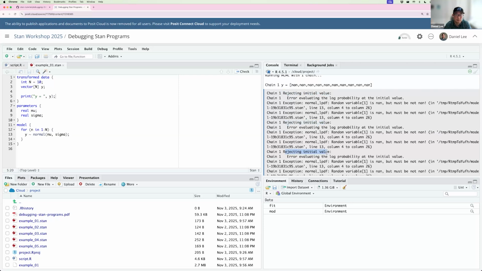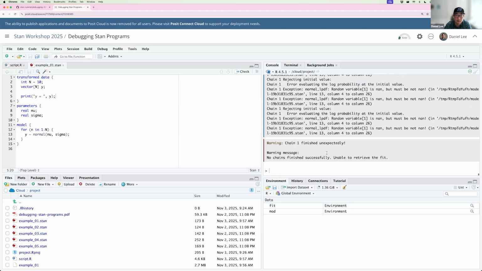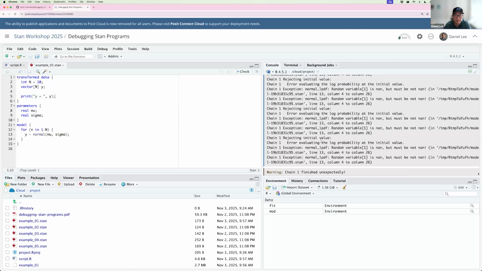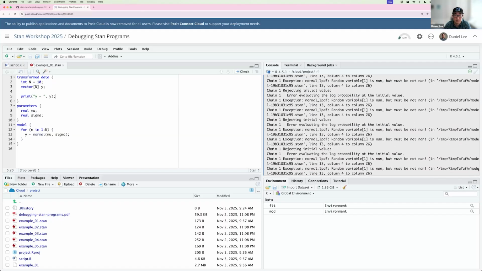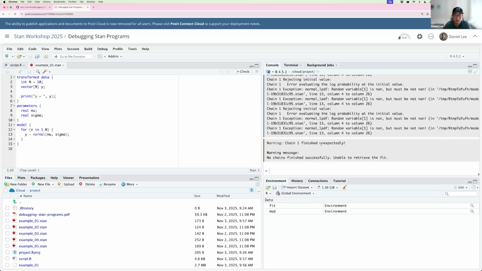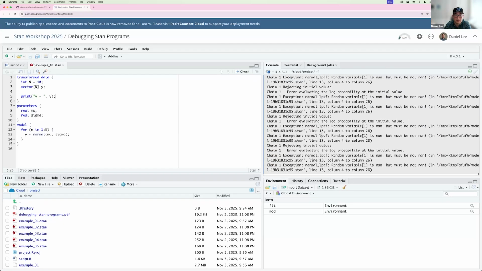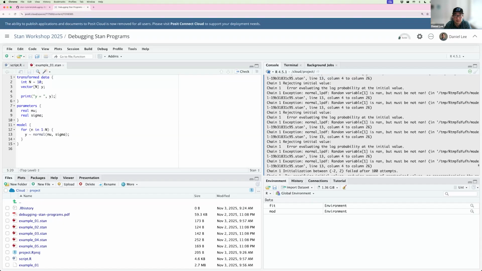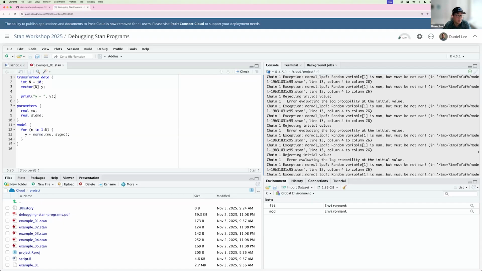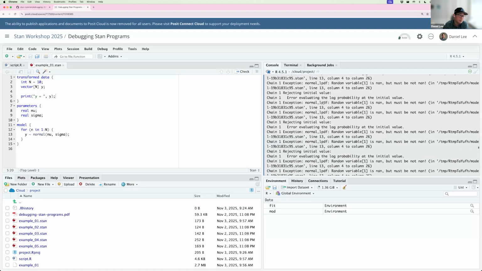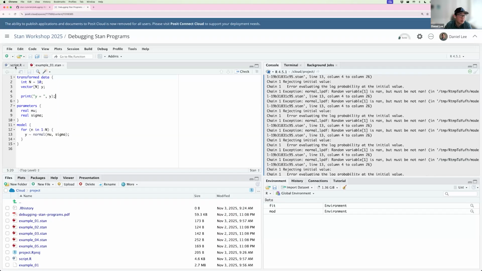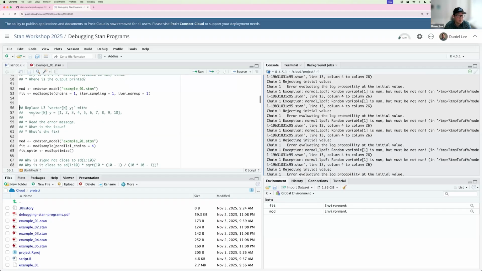It's going to reject the third initial value. And it's going to keep going until it should reject 100 times. That's what it should do. So that's what's happening right now. The model can't start. So let's start by replacing the vector Y with this code here.